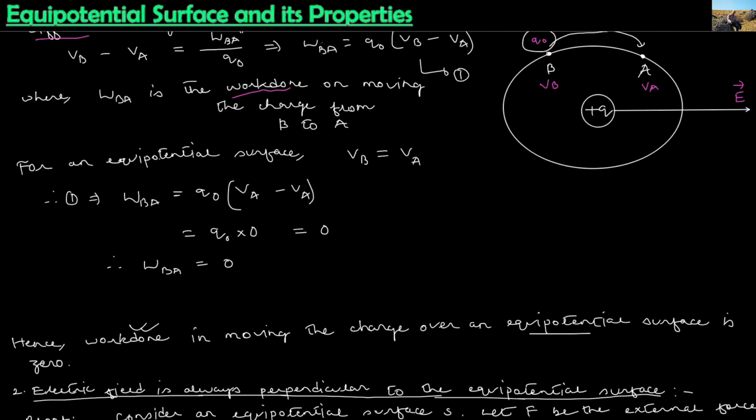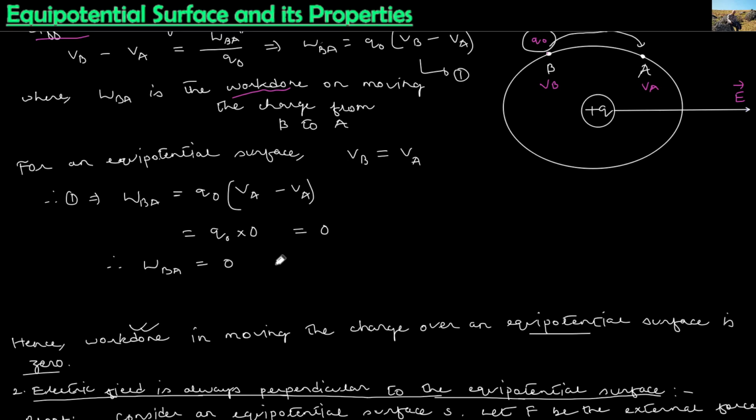In spite of that, charges still move. Okay? Charges still move, but the magnitude of the work done will be equal to 0. That means there is no work done in the sense that charges are still moving. Which means that there will be some conservation. It is a conservative force.